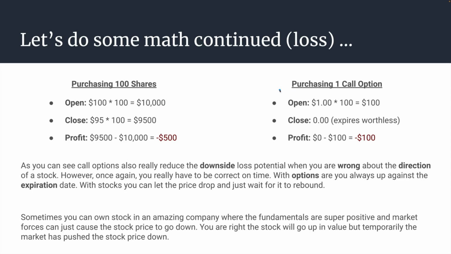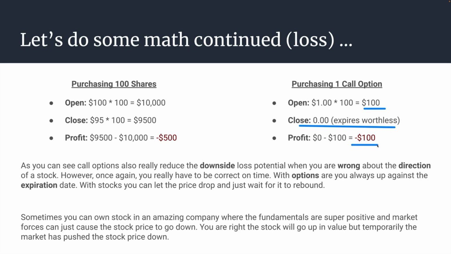Relative to purchasing a call option where we paid our original $100, because ACM was not above the $100 strike price, this call option expires worthless. The seller of the options contract gets to keep our $100, and we lose the $100.